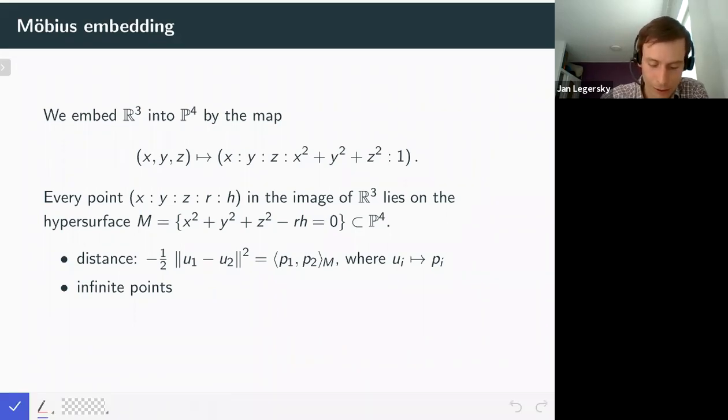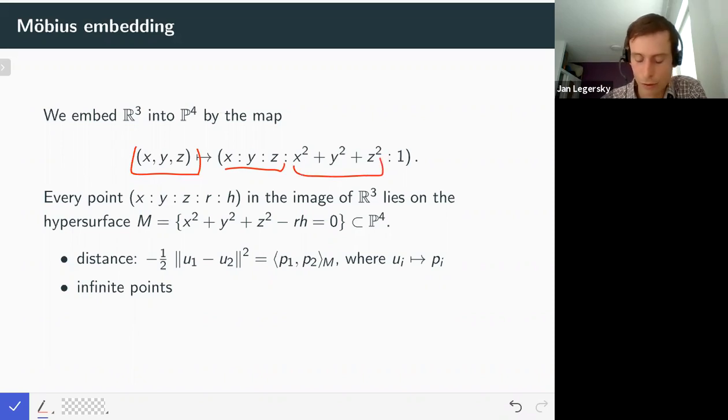In this case, we take our points in R3 and map them to the projective space P4 by taking x, y, z, then the distance from the origin, and here we put 1. Now, if we take the image of the whole space R3 under this Möbius embedding, we know that the image lies on a hypersurface in P4 having this equation.